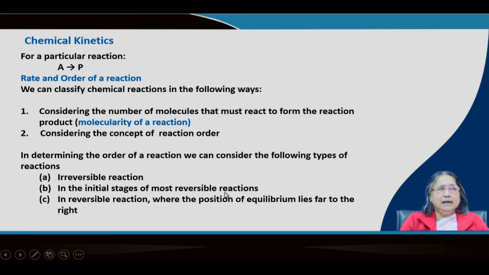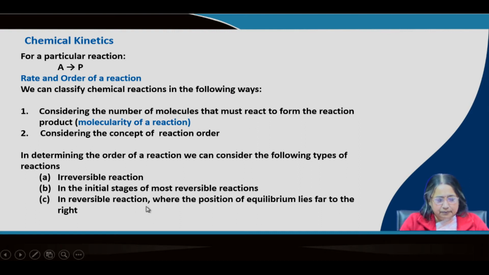There are many reactions, actually all reactions are reversible, but those reactions which go far to the right, we can tell that this is an irreversible reaction. Many reactions are reversible, and for those reactions also we can determine the order in the initial stages, the beginning of the reaction.